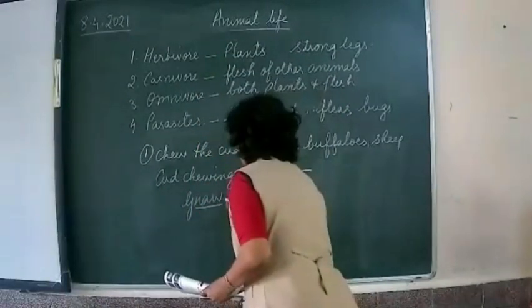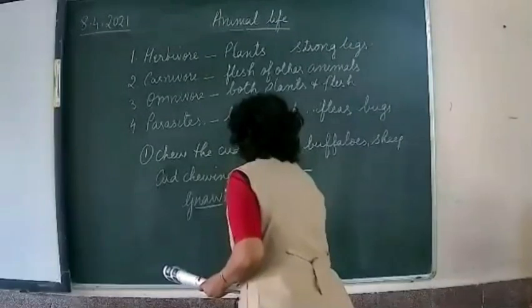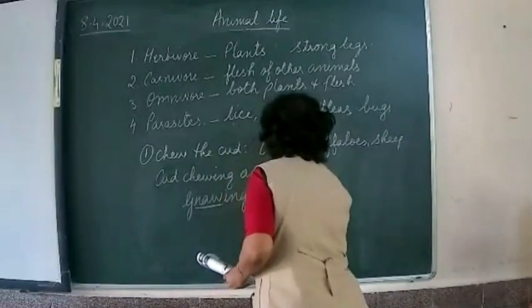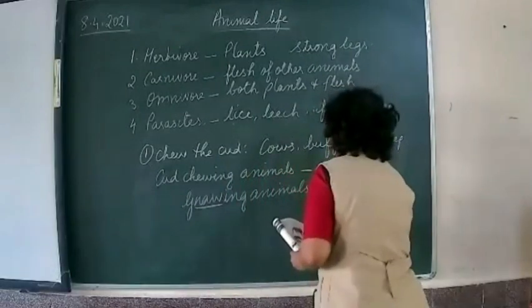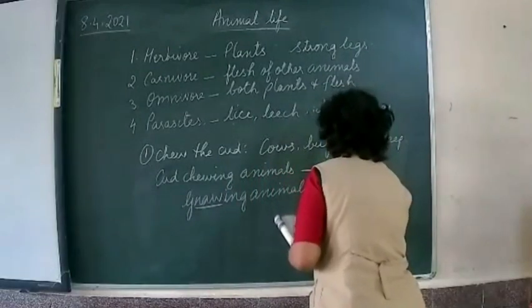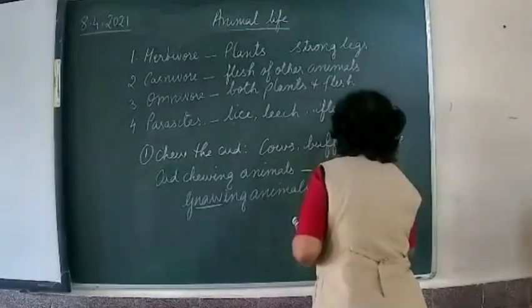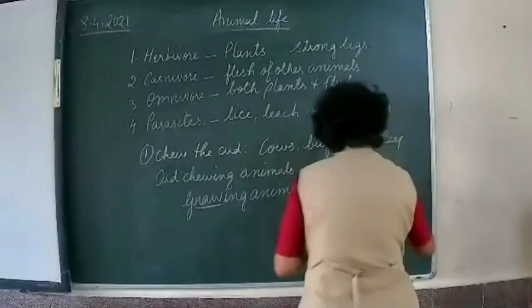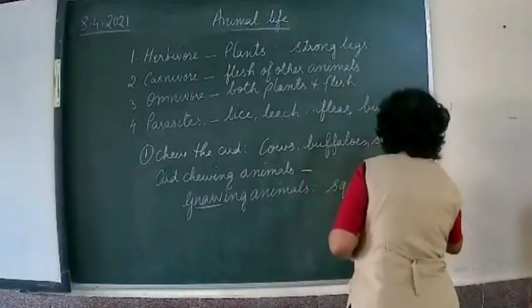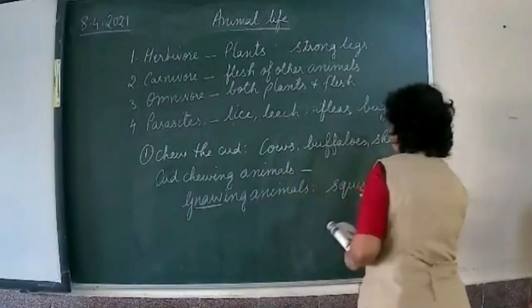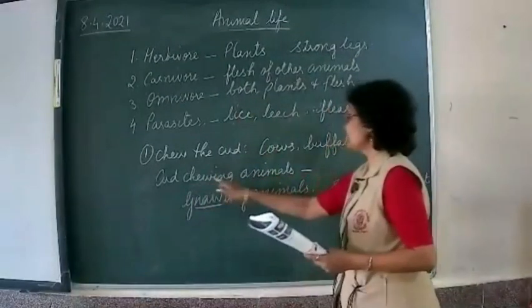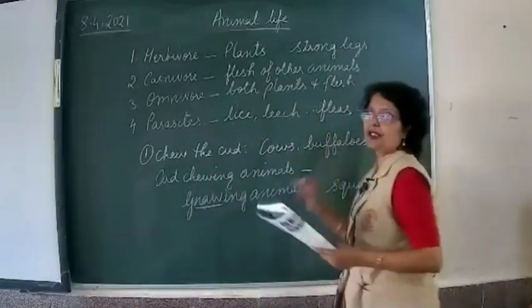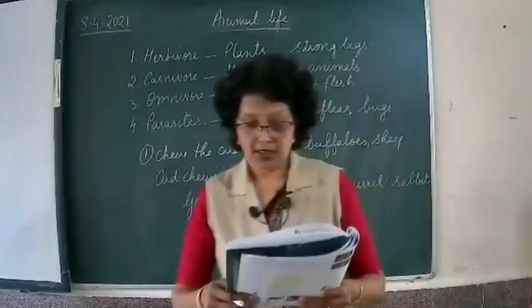The examples of gnawing animals are squirrel and rabbit. Examples of cud chewing animals are buffaloes, sheep or cow.